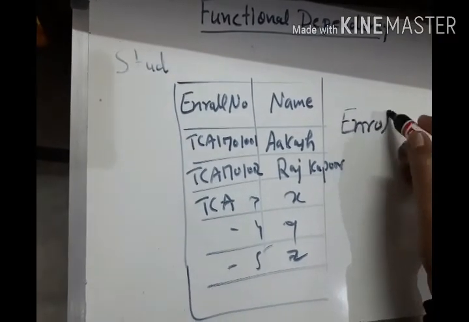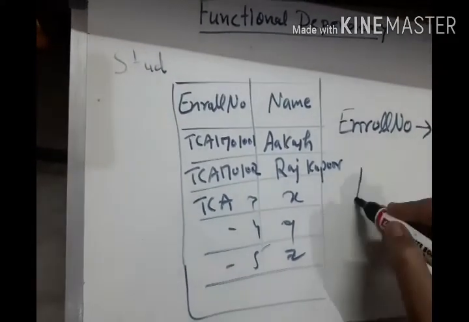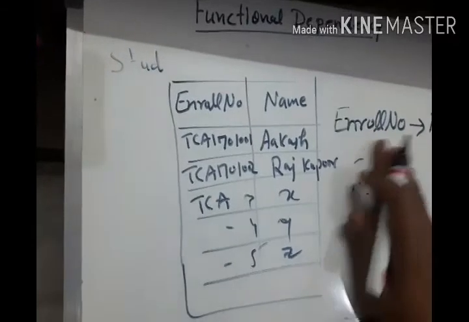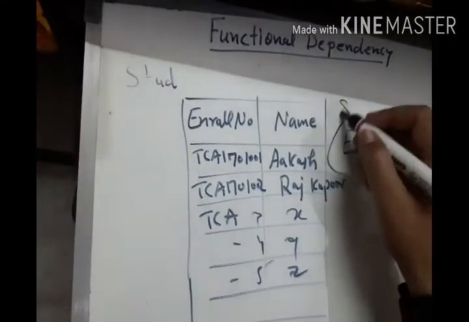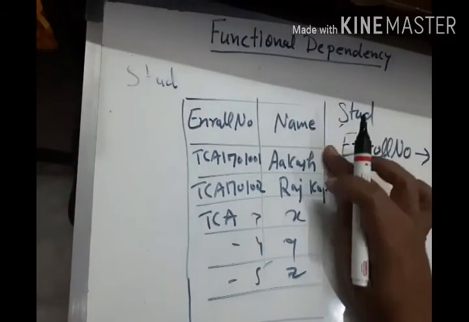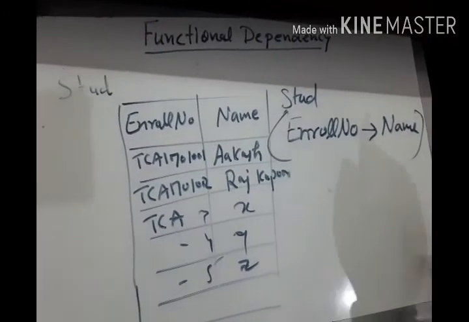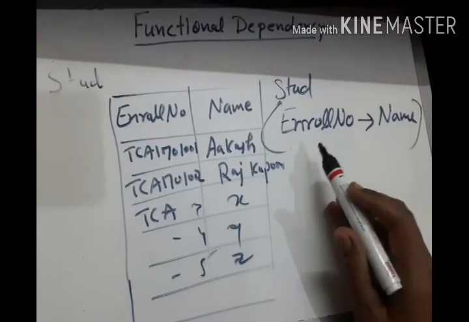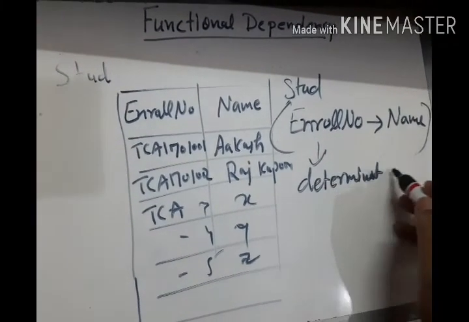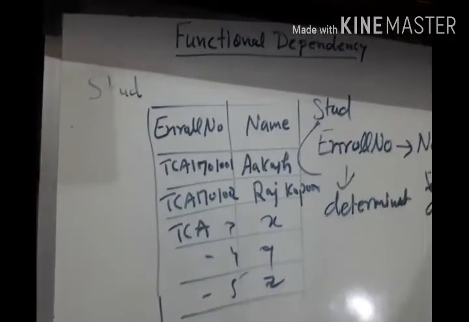So how do we write this functional dependency? Enrollment number can determine name, in the relation R. The relation name is Student. So the complete representation is: Student, enrollment number determines name. Name is the dependent, and enrollment number is the determinant.